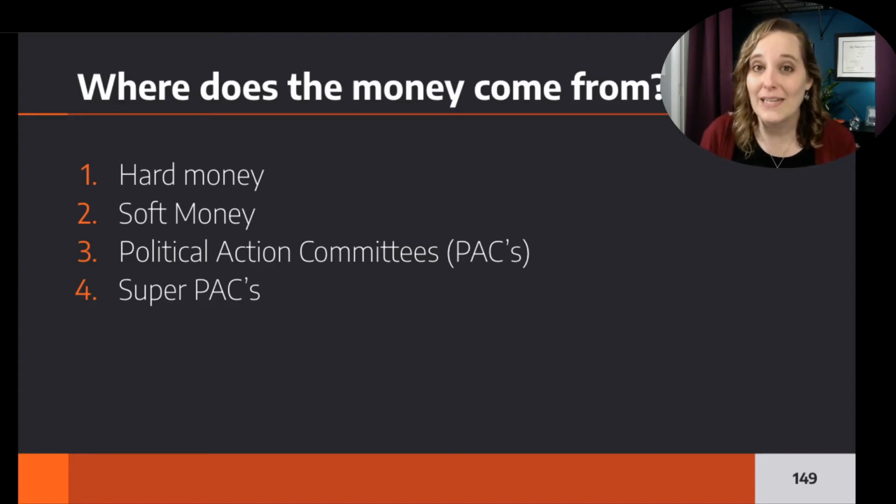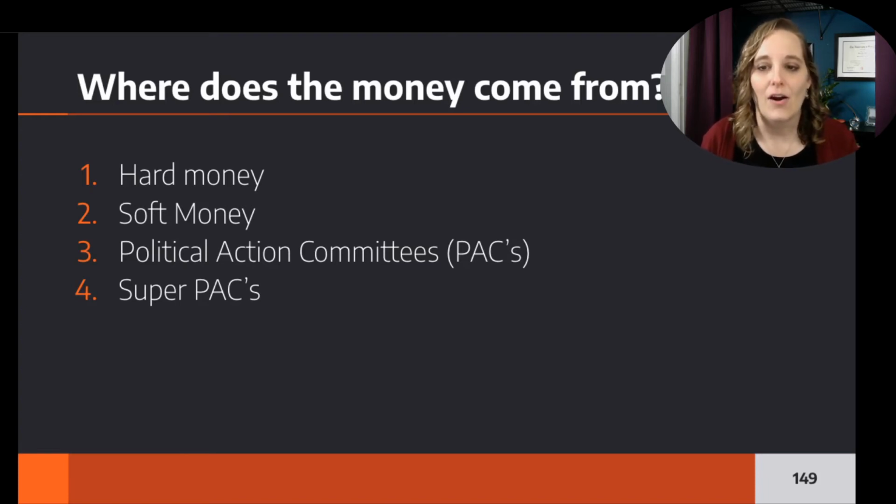Political action committees are organizations that are established by businesses, labor unions, and interest groups in order to channel financial contributions into political campaigns. Now, political action committees are only able to donate $5,000 per candidate per election cycle. However, there also exists these organizations called super PACs.